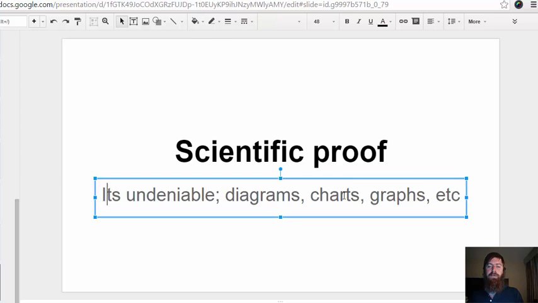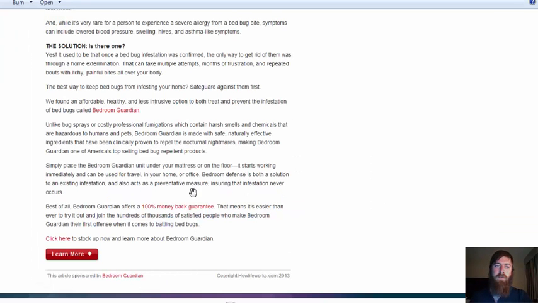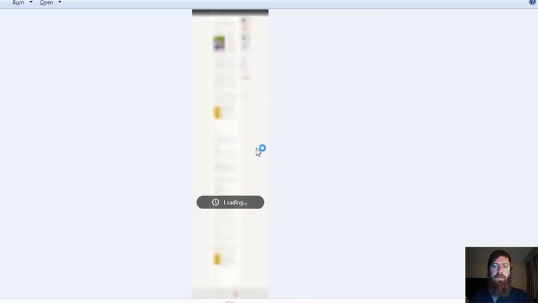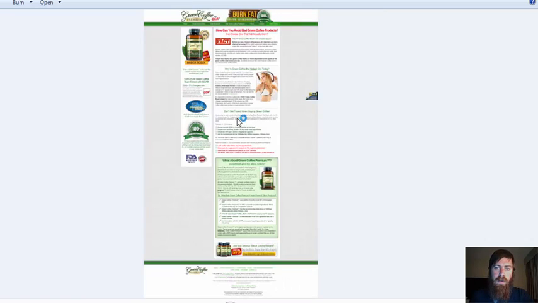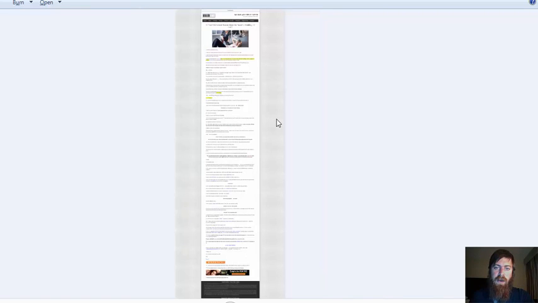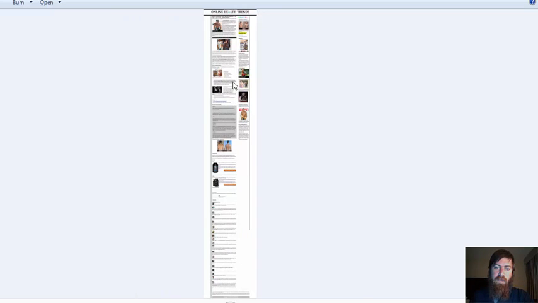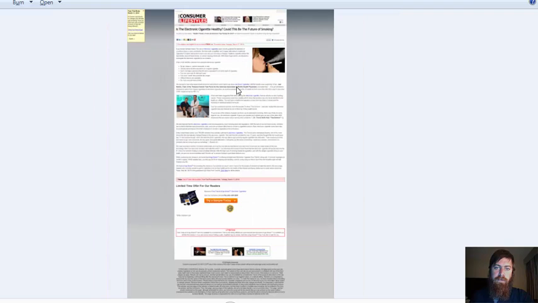And scientific proof. We talked about this: before and after pictures using charts or diagrams. The more charts and diagrams you can show to back up benefits within your actual landing pages, the more powerful it will make it. Now let me find a landing page that uses a scientific chart to back up some of their claims.